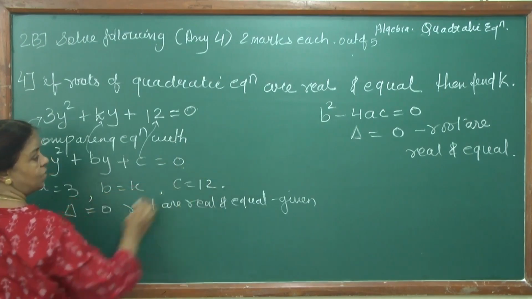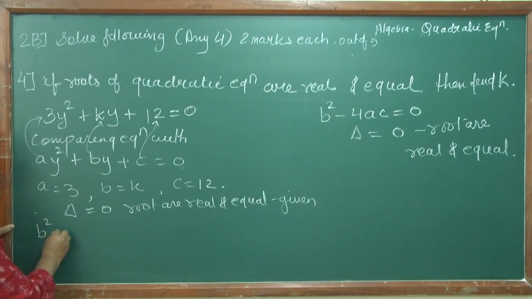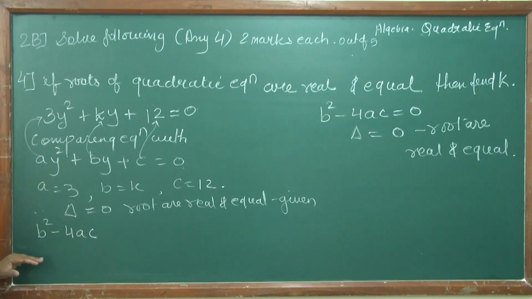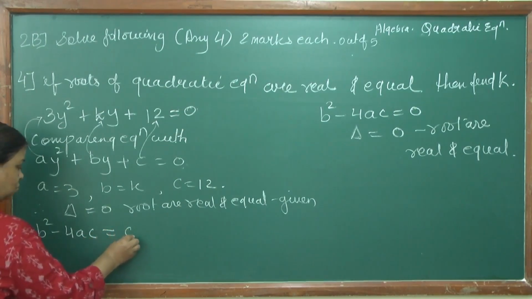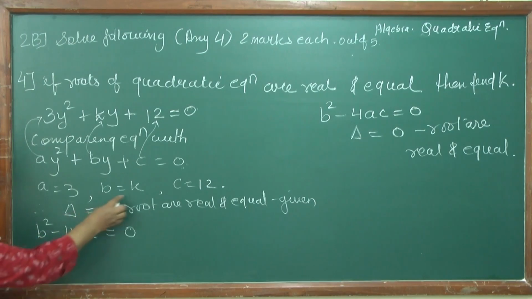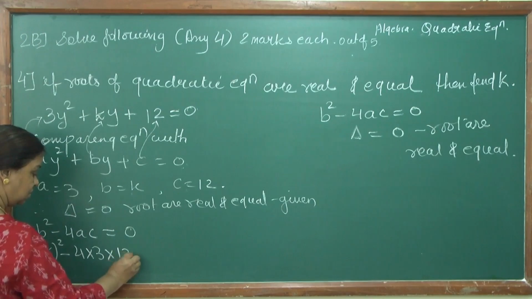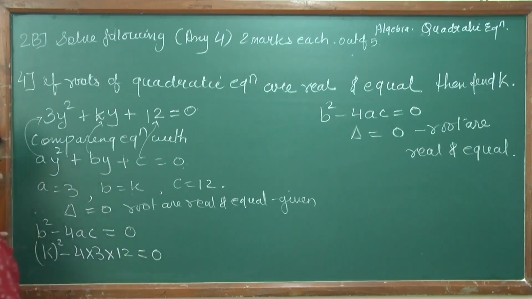B square minus 4ac. Delta means b square minus 4ac. So let us place the value. B means k square minus 4 into a means 3 into c means 12 is equal to 0.